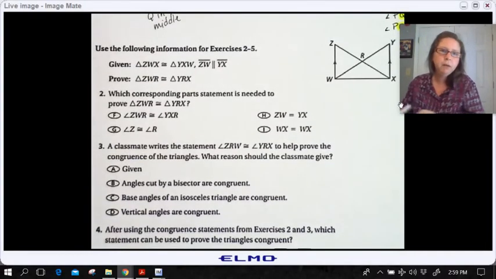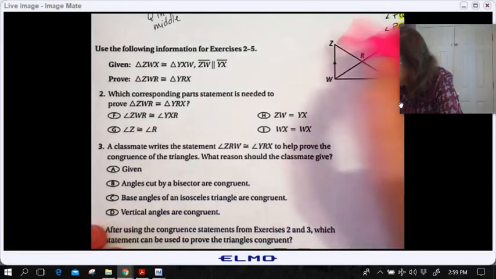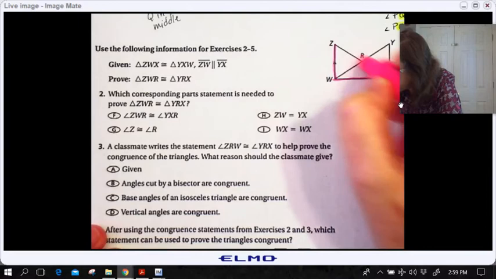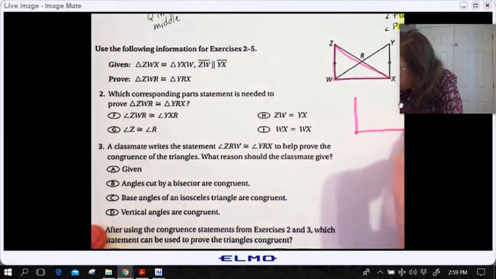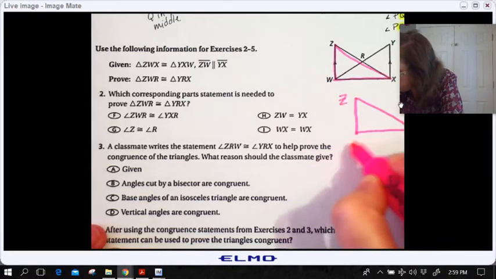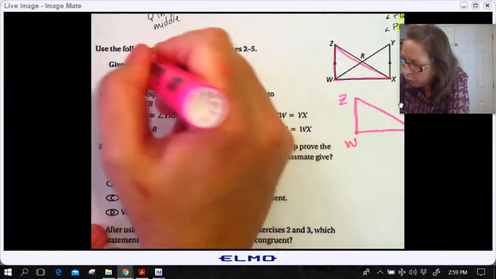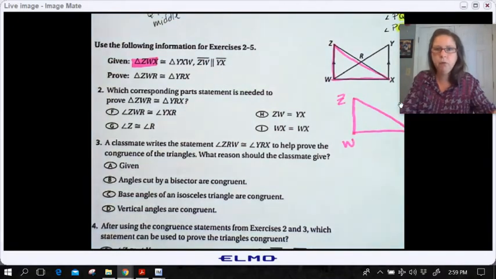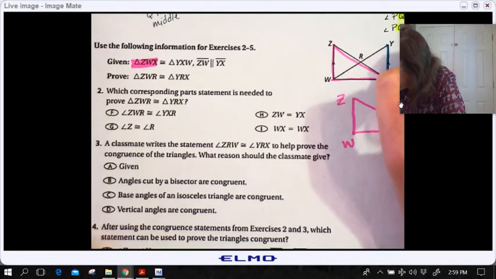So given that triangle ZWX, okay, I'm going to recreate that triangle, is going to be congruent to triangle YXW. So let's draw YXW.